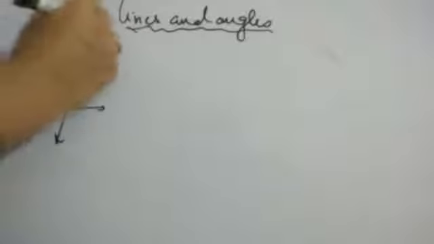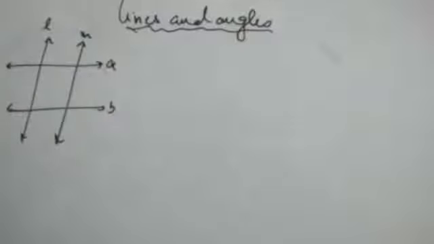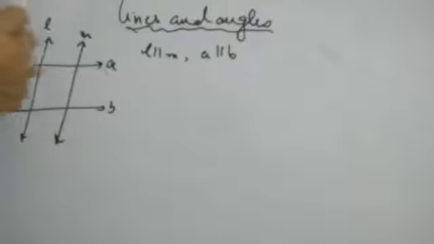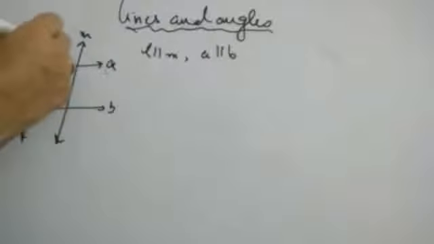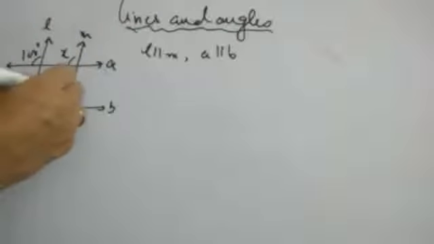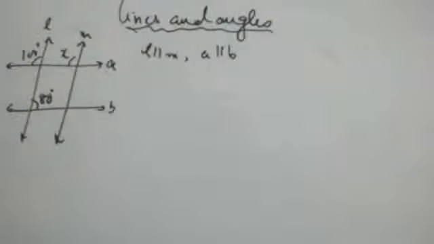L, M and A, B. L is parallel to M and A is parallel to B. This angle is 100, this is X and this is 80. Now you have to find the value of X.